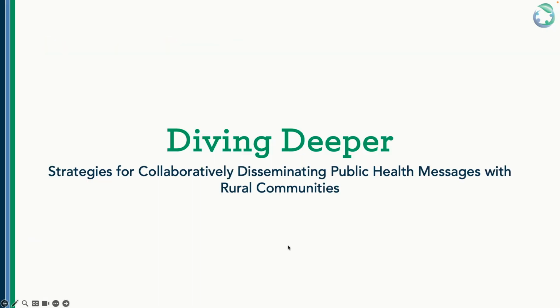Now that we've reviewed examples from the field, let's shift our focus to some strategies and resources you can use for disseminating public health messaging. As we move from seeing what's been done to thinking about how we can apply it, we'll start by examining the key elements to consider when disseminating public health communications.